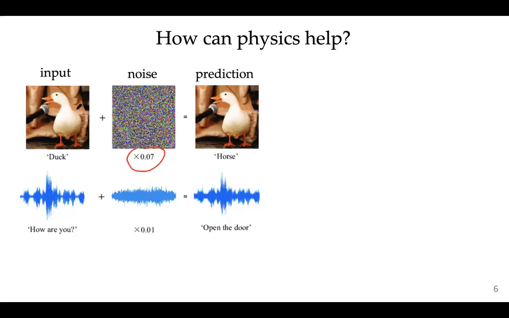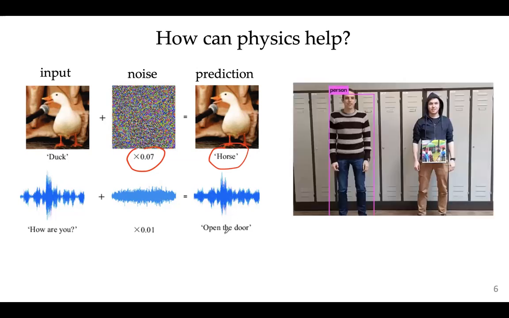When you feed the machine the input plus noise, the model makes a wrong prediction. The same thing happens with audio recordings. If the audio recording is "How are you?" and there's even 1% noise, then the prediction becomes "Open the door." That's the robustness problem of machine learning models.